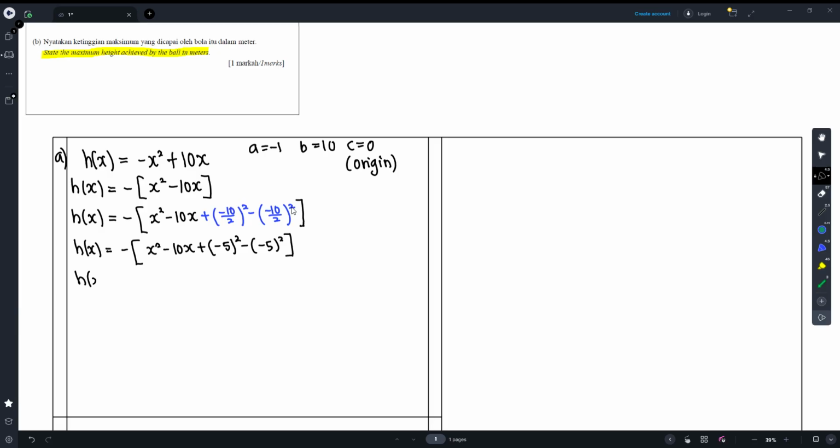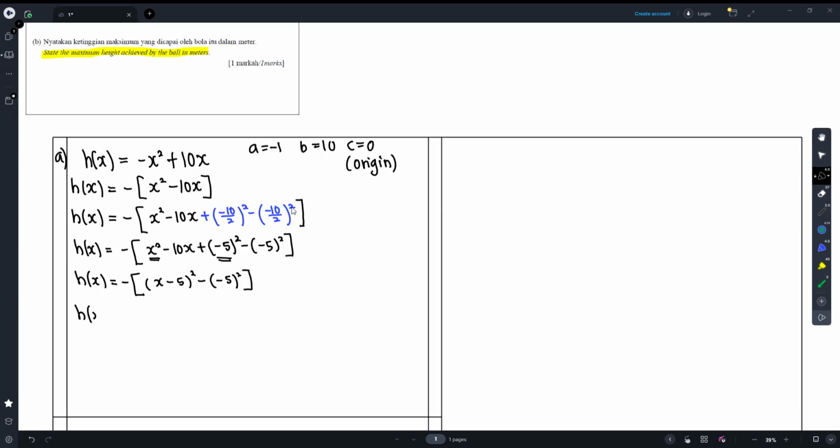So h(x) = -[x² - 10x + (-5)² - (-5)²]. So now what happened? h(x) = -[(x - 5)², because we have here x² and here (-5)². We put them together, and then we write -5².